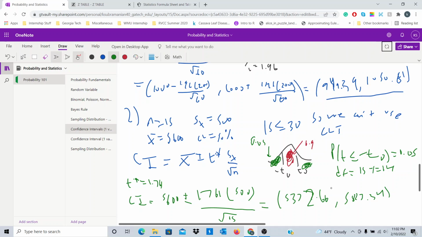So this is our 90% confidence estimate of where the true mean revenue lies. So this is how you do example 2.